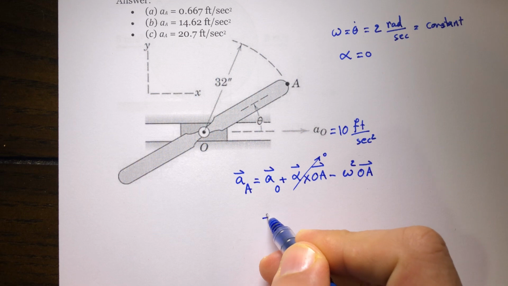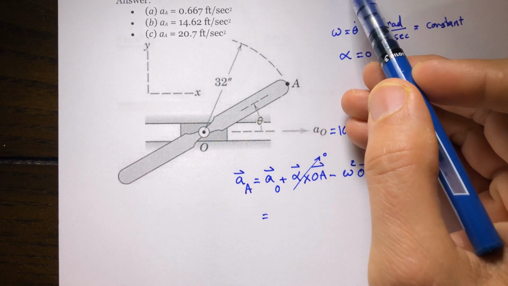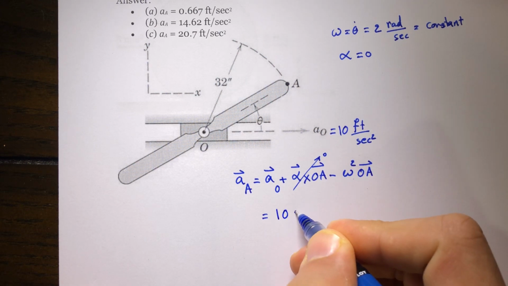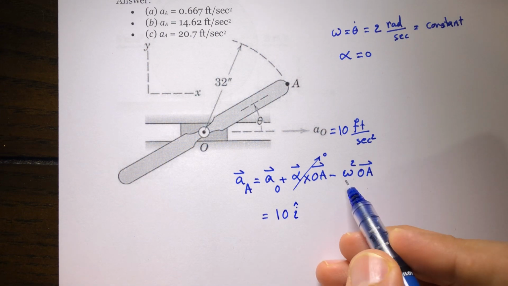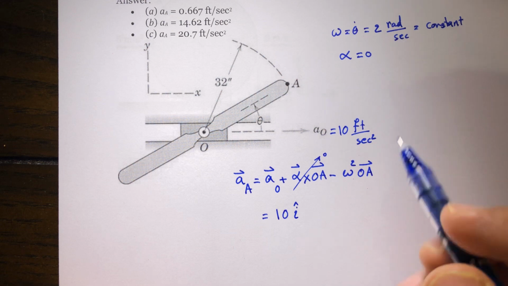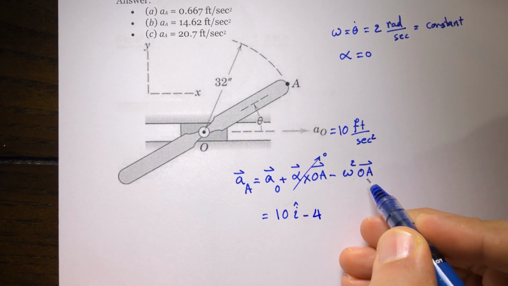By replacing all of them here, we are going to be able to find acceleration of point A, this point. Acceleration of O is given in the problem. It is 10 feet per second squared in the i direction, and is constant, minus omega squared times OA, and omega is given as well. It is 2, so I'm going to have negative 4 times OA.